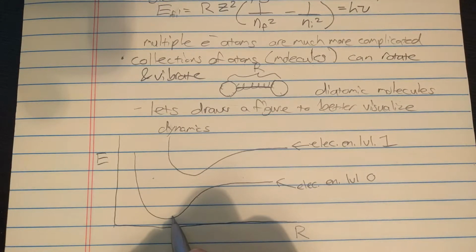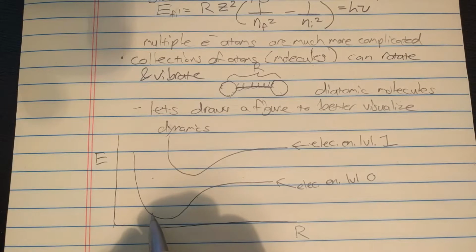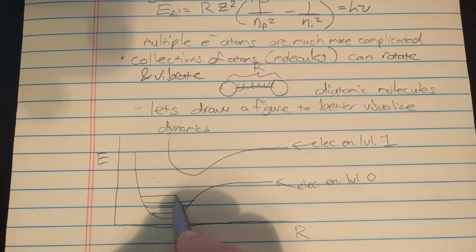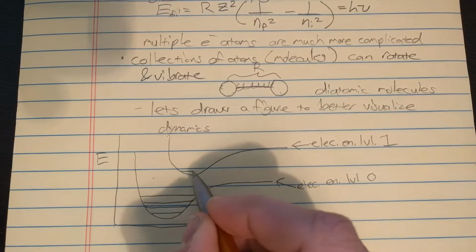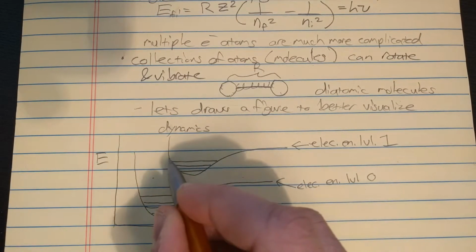Now vibrational levels, the spacing between them is smaller than electronic energy levels. So vibrational energy levels lie within these electronic levels, something like so. These lines I'm drawing are the vibrational energy levels.